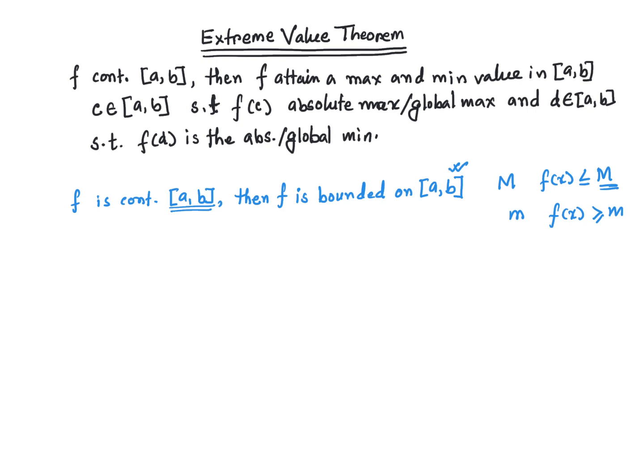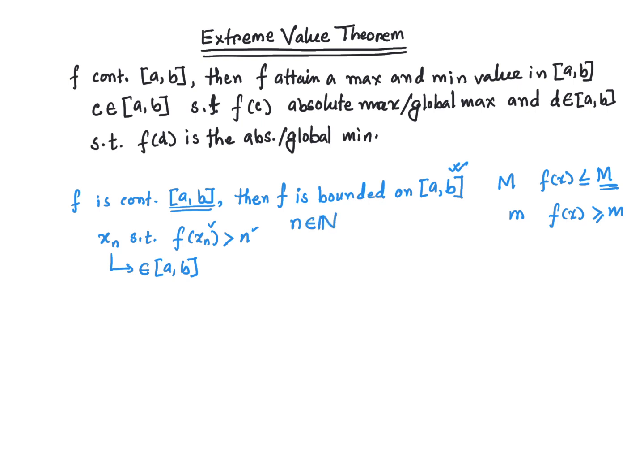Then we can find an x sub n, an element of [a, b], some point in this closed interval, such that f of x sub n is greater than n. Here, n is a natural number.